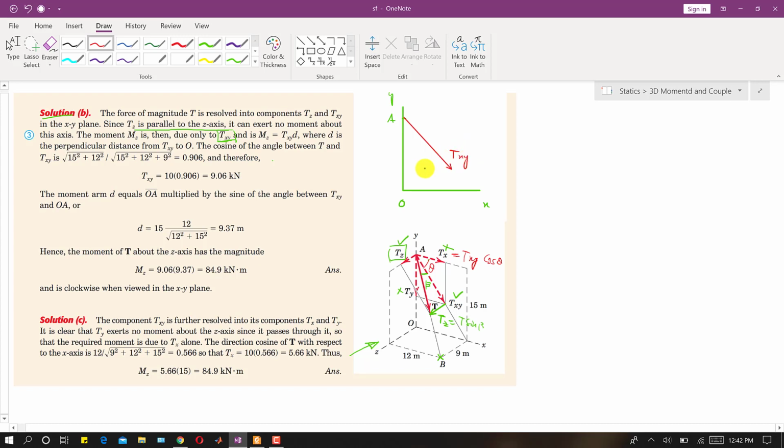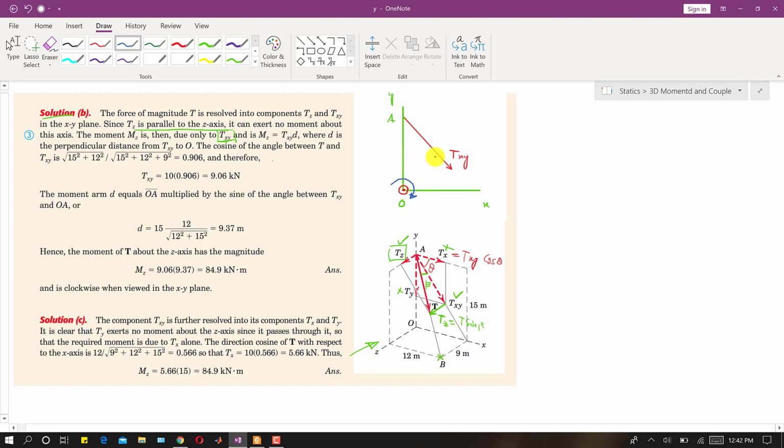The z-axis is out of the screen, towards us. So this Txy will produce a clockwise moment about z.